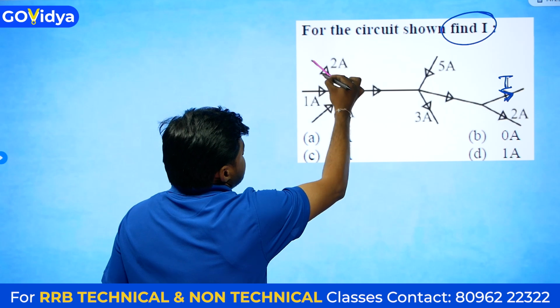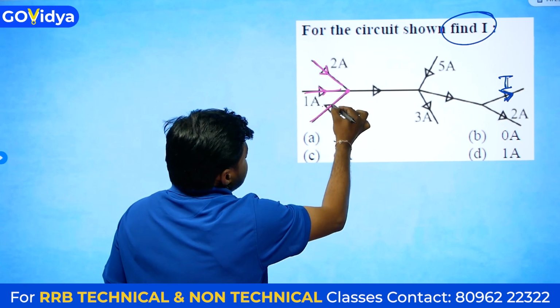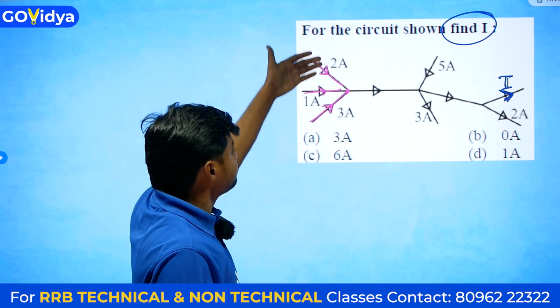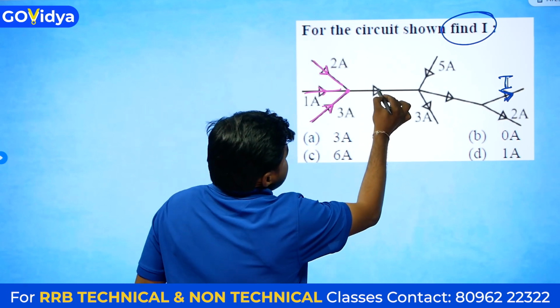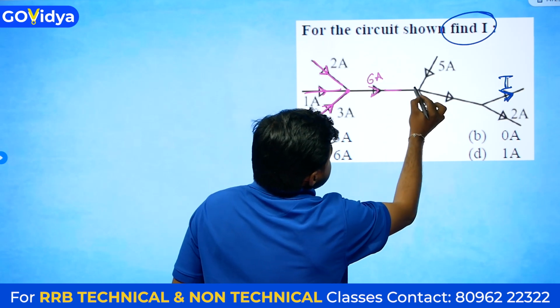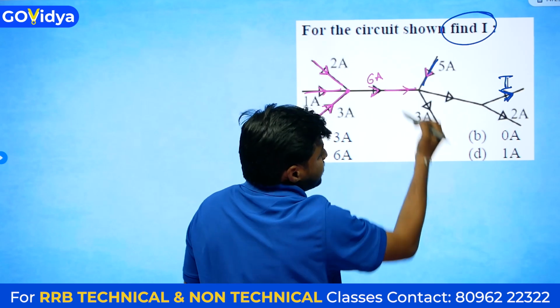Here 2 amperes is coming, 1 ampere is coming, and 3 amperes, so 2 plus 1 plus 3 is equal to 6. The same 6 amperes will leave from here. Here 6 amperes is entering and here 5 amperes is entering. 5 plus 6 is 11.